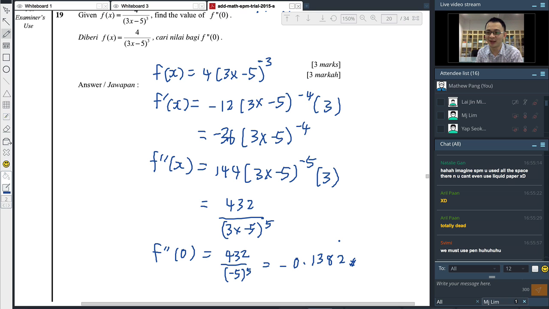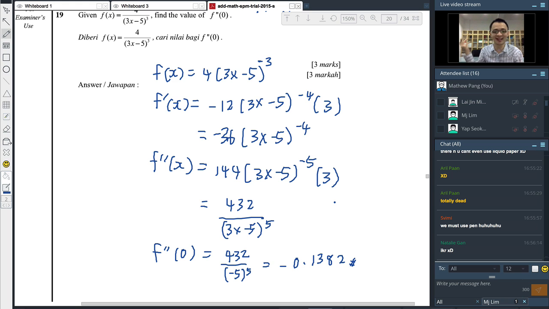Imagine in SPM, they use all the space so you can't even use the liquid paper. Yeah, in the SPM, if you have a situation like me just now, just raise up your hand and take another foolscap paper to write again. Don't erase it or use liquid paper.